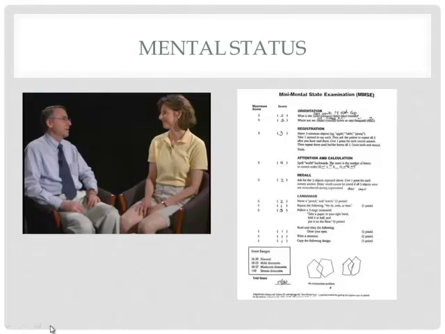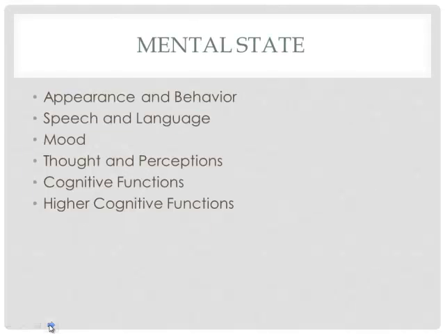The mental status exam is a way in which we assess a person's thought process and see whether they are able to comprehend and whether their cognitive components are all intact. Oftentimes we use the mental status exam to assess for dementia, but we can also use it to follow people who have had brain injuries and things like that.